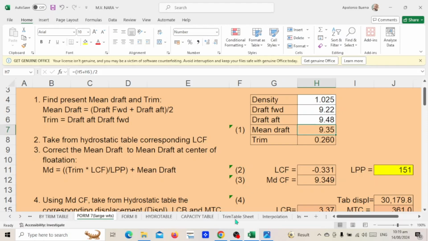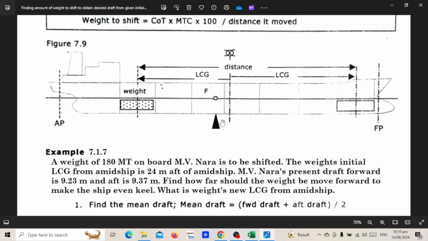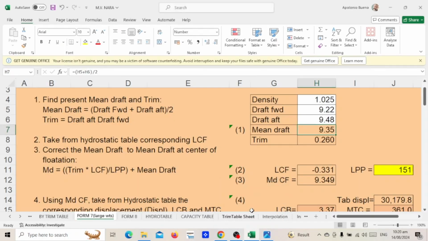Why less? Because you already put here 180 tons. The tendency of the vessel, when you put 180 tons here, the aft will sink, and the draft forward, or the forward part of the vessel, will rise, meaning you will reduce your draft. So this will rise and this will sink. Your draft aft will sink, or you have more draft aft. So what will be your draft forward?